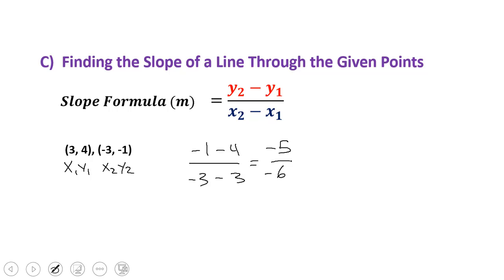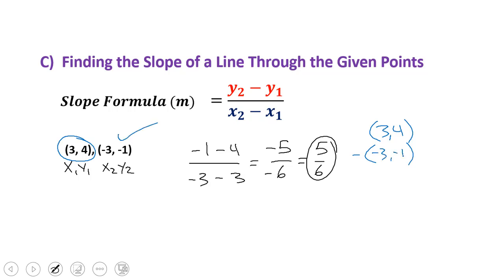And -5 over -6 becomes positive 5/6. All right, I agree with that. Let's take a look at what I said before of taking the first point, (3, 4), and subtracting the second point, (-3, -1).